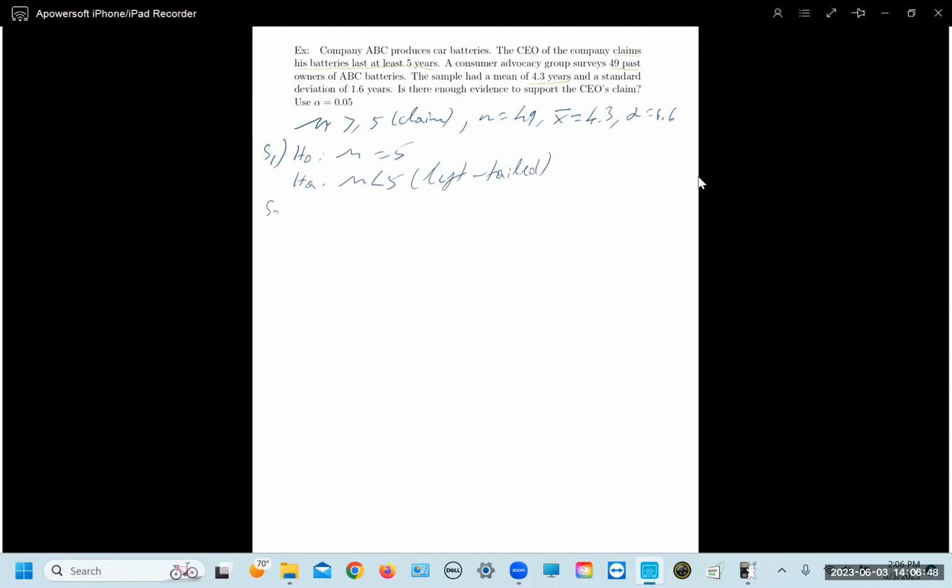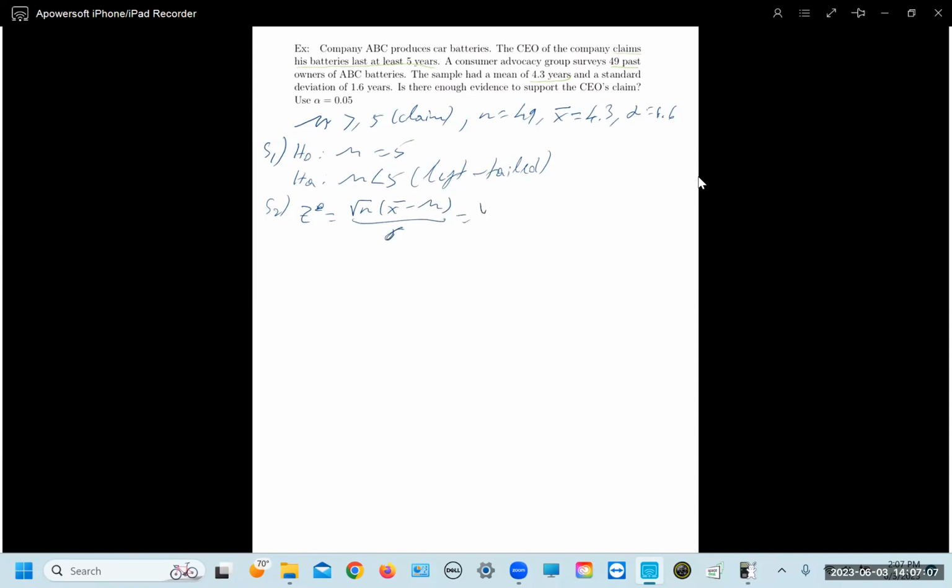As we have a formula, Z star equals square root of n times x bar minus mu over sigma.